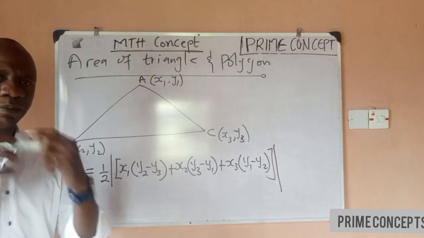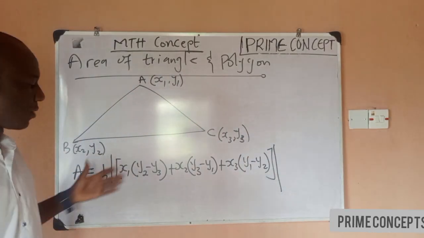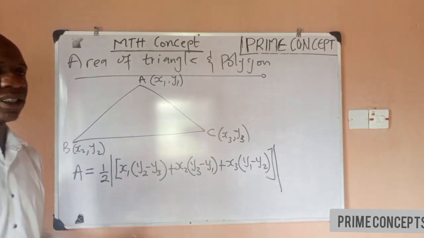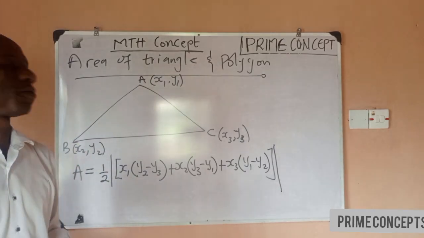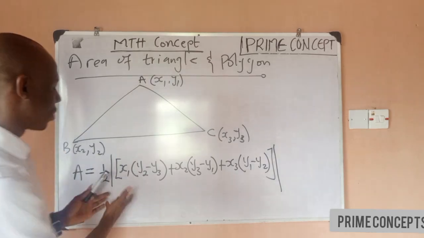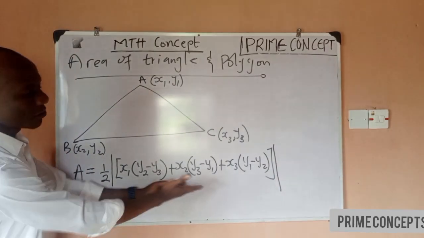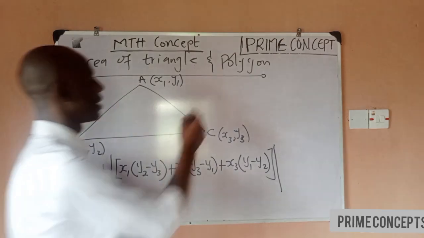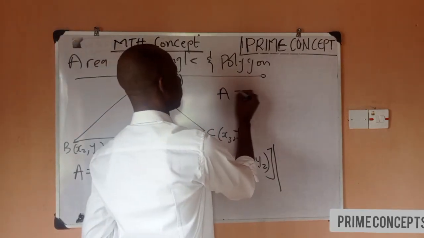Now for a better understanding of this formula, if you can still not memorize it, then we have another simple version for you, which is using the concept of matrices. If you're finding this difficult to remember, you can simply convert that into a matrix.